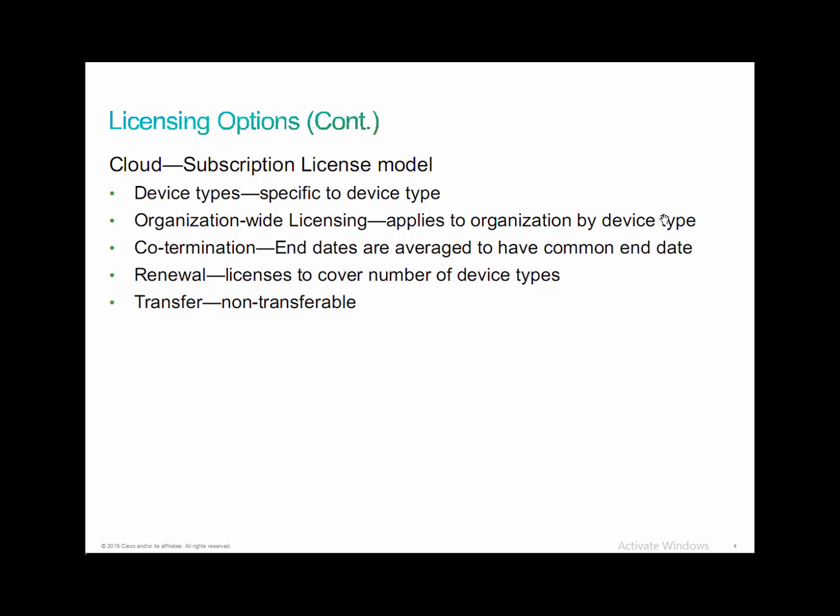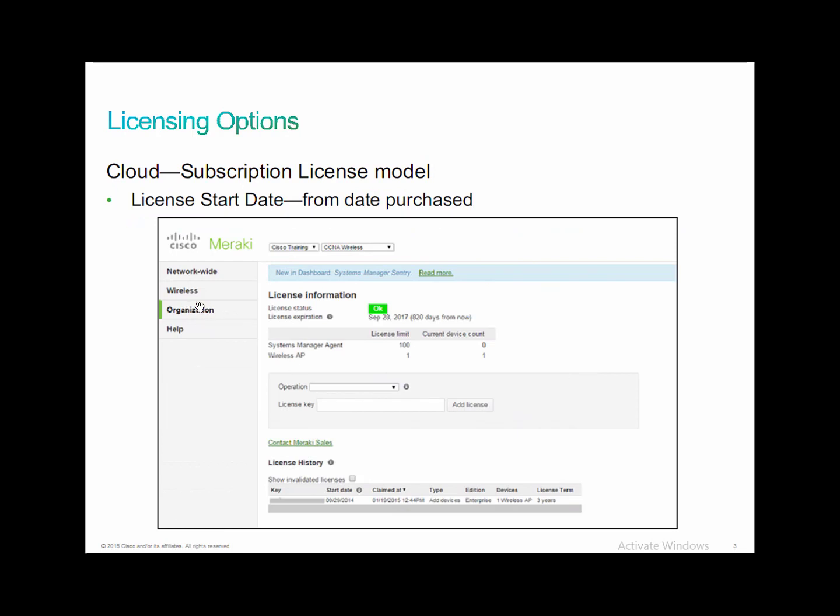Now, the Cisco Meraki licensing is applied on an organization-wide basis. We saw that on the previous screen here. Organization, license information. You can see the system manager license limit and current device count, wireless AP license limit and current device count.